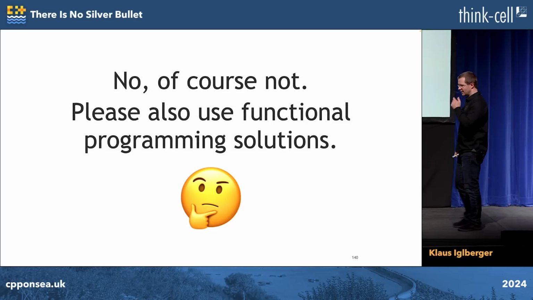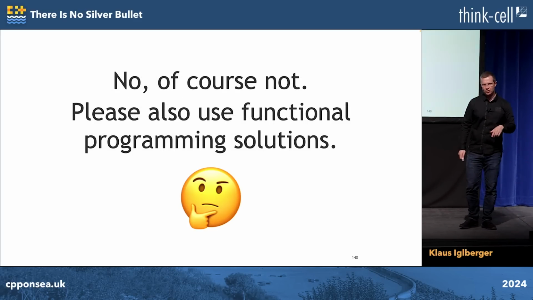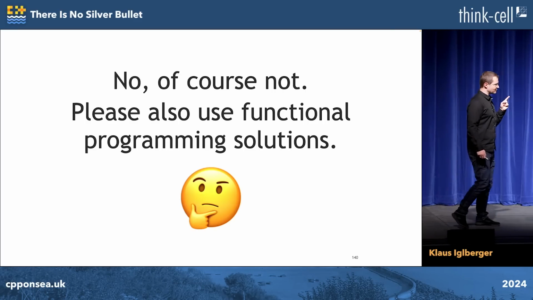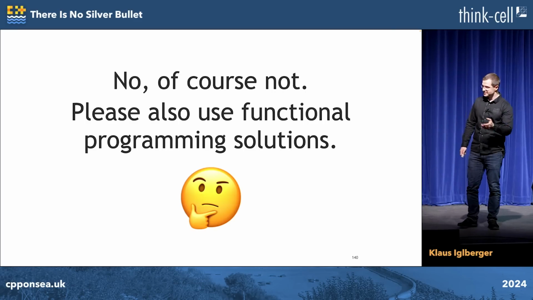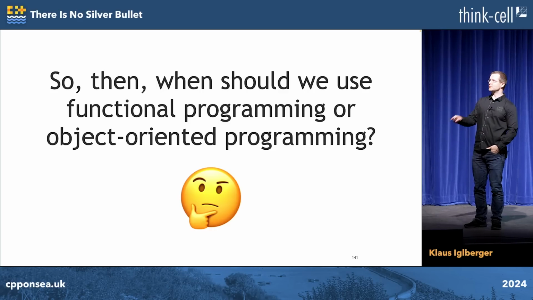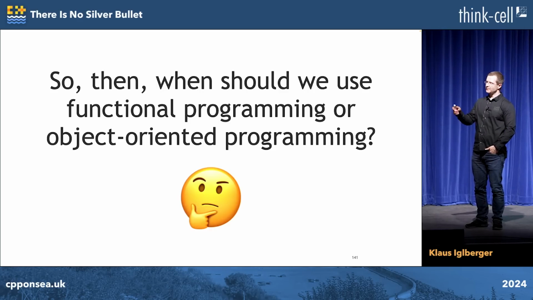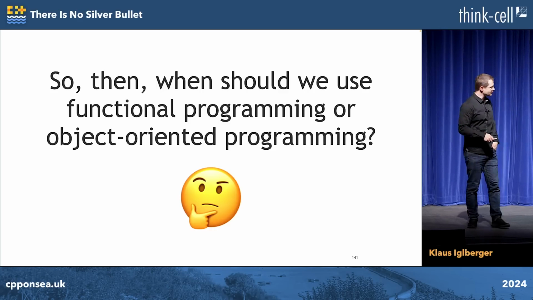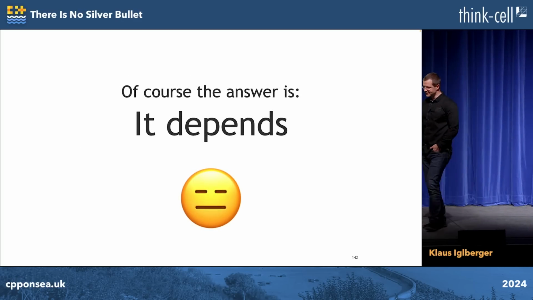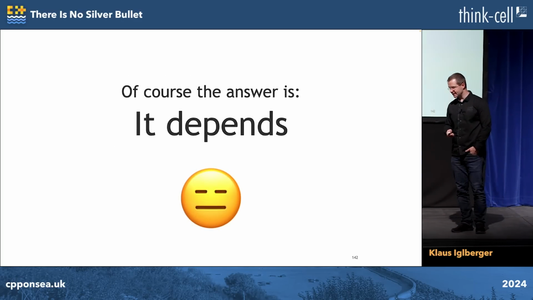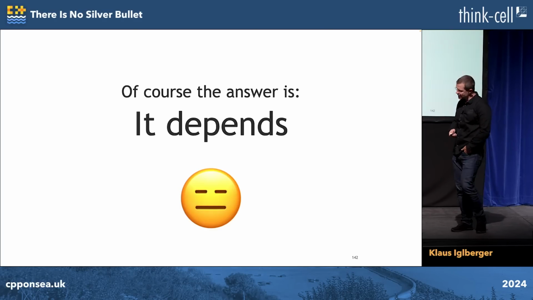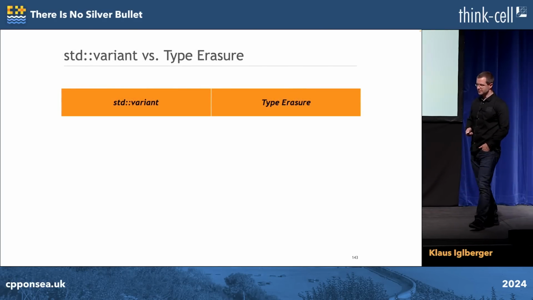Please also use functional programming capabilities, which makes you think, but then when should I use functional and when object-oriented programming? This is the answer that you probably don't want to hear: of course, it depends. This is the proper answer that you'll probably always get. But I could perhaps give a little bit of guidance here as well.